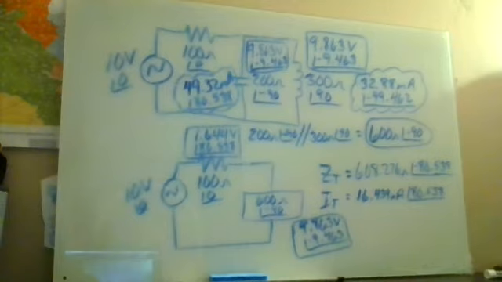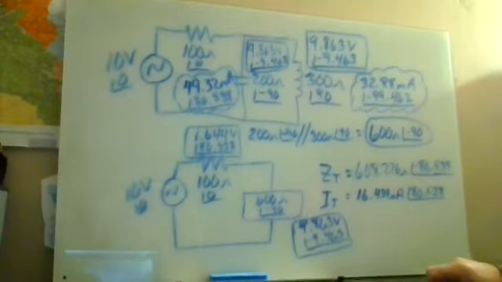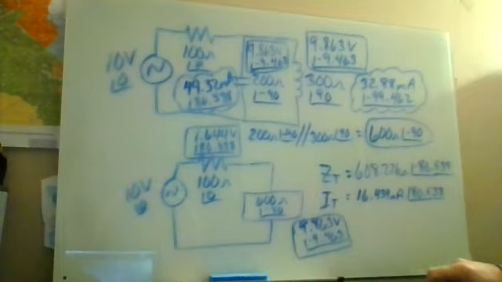Plus you can work on practice test 3A and 3B. Matter of fact, do AC homework number 2, which is the one with the series circuits on. Then do practice test 3A and 3B. That should give you plenty of practice.